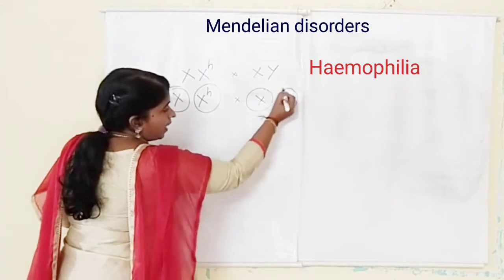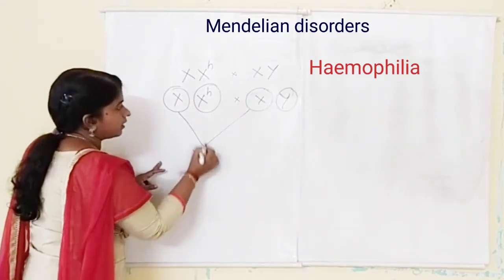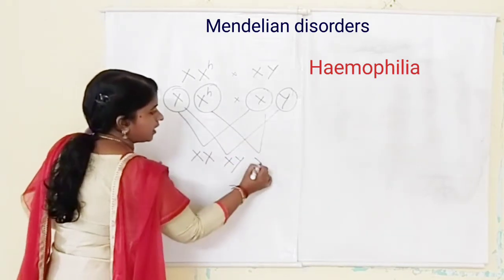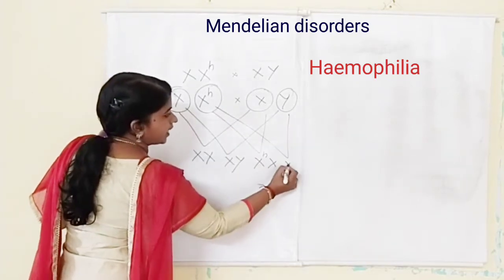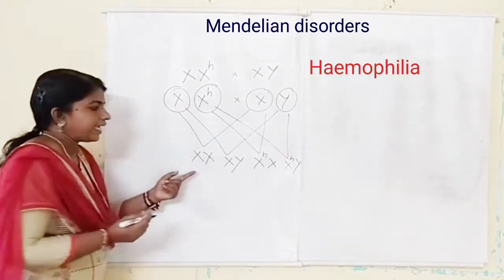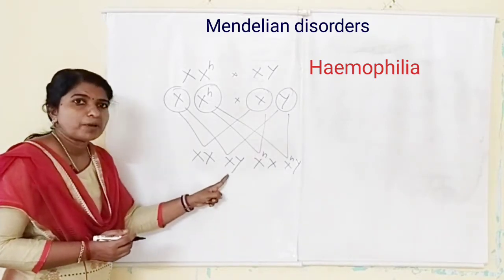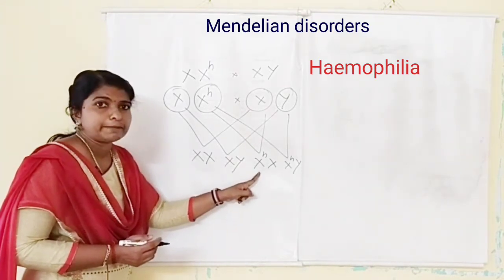When they combine, what are the progenies we obtain? Here X, Y, here X, X-H, and this is X-H, Y. It is a normal female, a normal male, but here it is a carrier female.